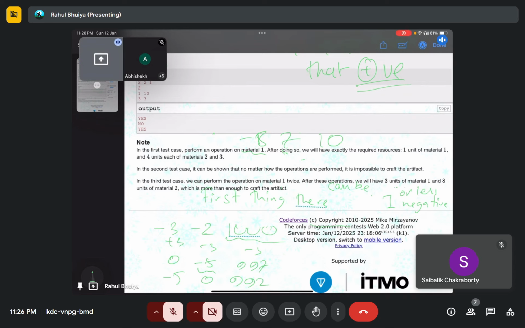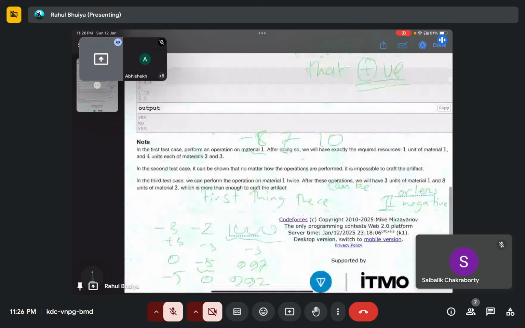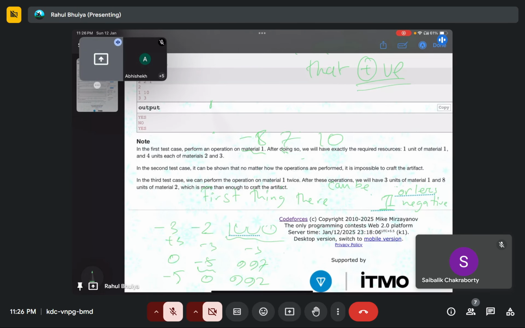It can be all positive, so no operation is required if all are positive. But there can be at most one negative number. And if it is negative, the minimum positive element should be greater than or equal to the absolute value of the negative element.